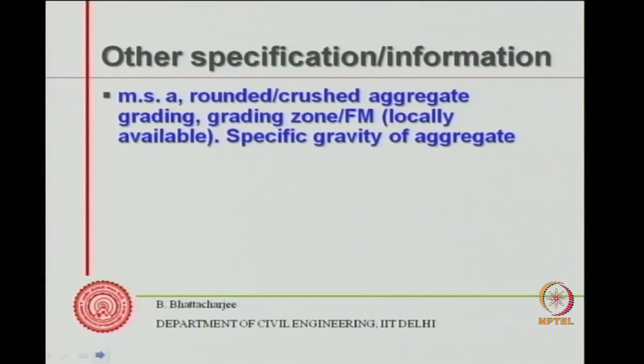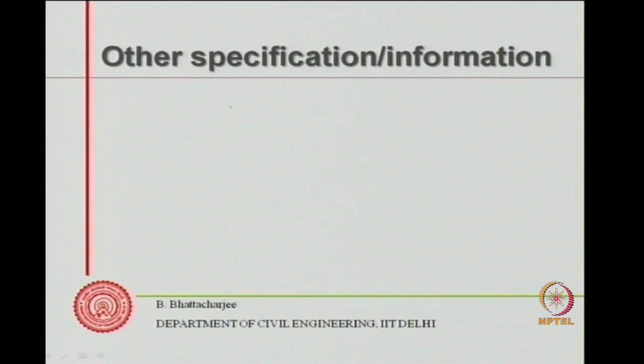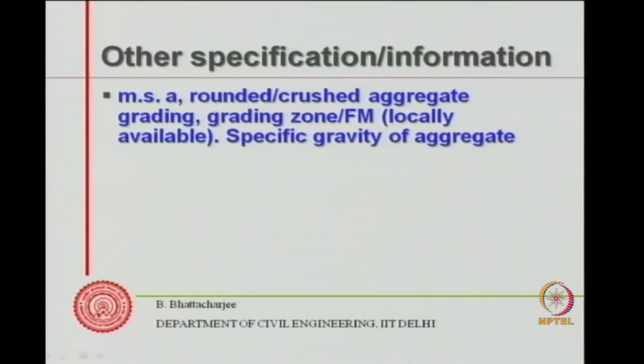Natural aggregates are generally rounded, as we have seen earlier, and we have seen also that shape governs the packing characteristics of aggregate, and we know that rounded aggregate packs better than crushed aggregates. Then the grading, the proportion in each size, and that's what we have seen: the packing characteristics of the aggregate depend upon the proportion of each size that goes into the packing of the aggregate themselves.